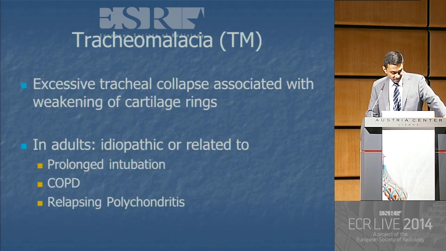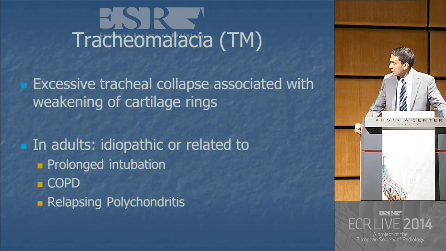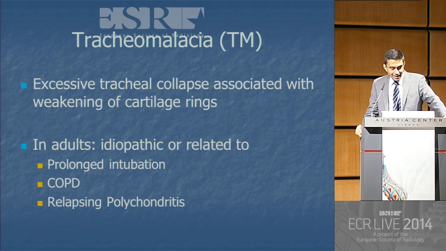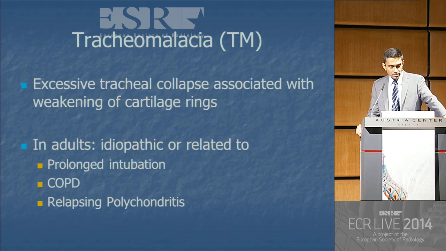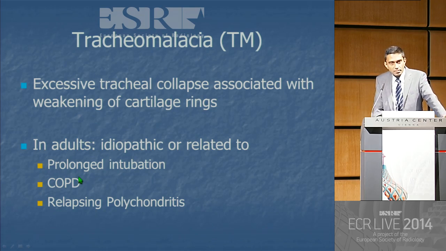But that's why the trachea stays in the shape that it does. So what's tracheomalacia? Well, it can be regarded as a condition characterized by excessive collapse during expiration, and crucially, it's due to weakening or softening of those cartilaginous rings. And you've already heard in Dr. Svertzelati's excellent talk that it can be seen in up to about 20% of patients with COPD, but another common scenario where you might see it is in patients who've had prolonged intubations.